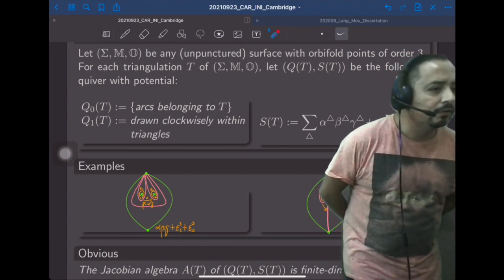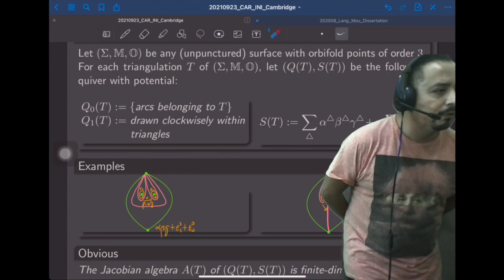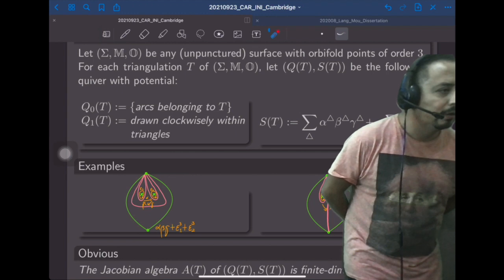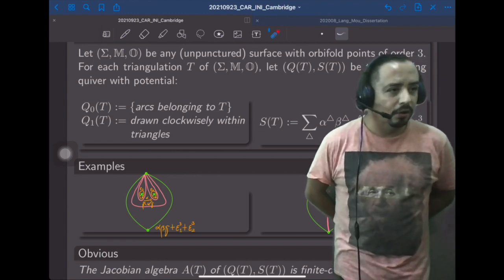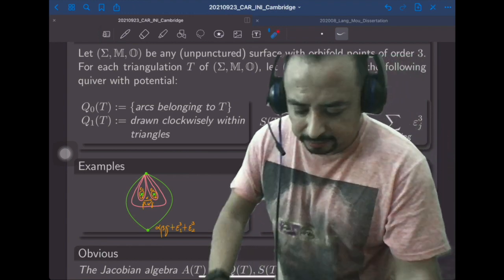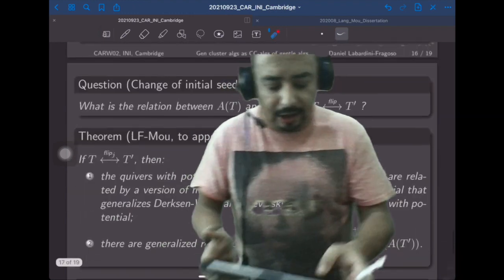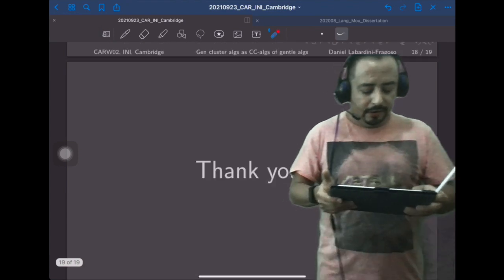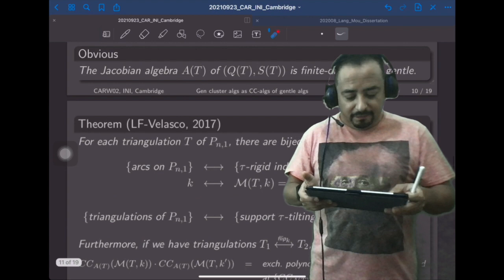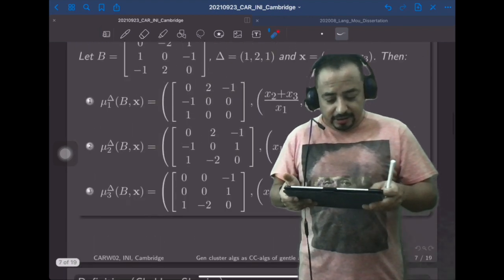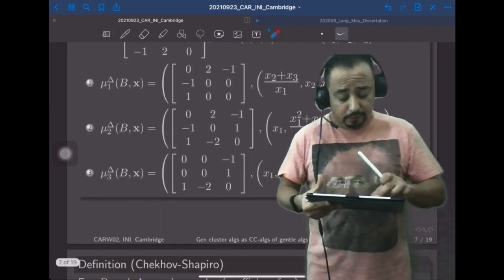In the meantime, maybe let me read Greg's question. Is there any hope of extending some of these results to orbifolds with a point of order greater than three? I don't quite know. There is something I have really struggled to understand, which is the following.